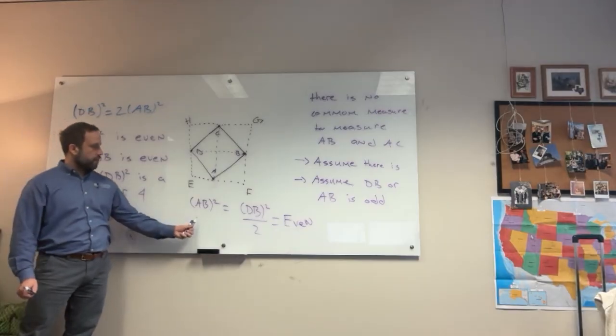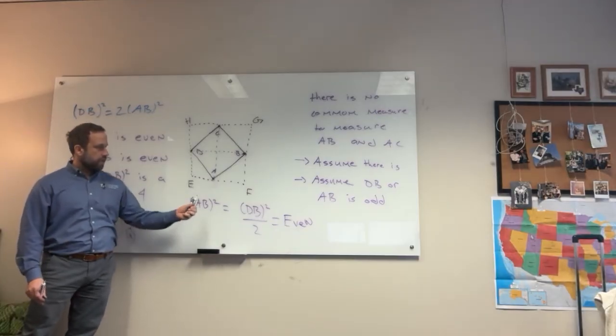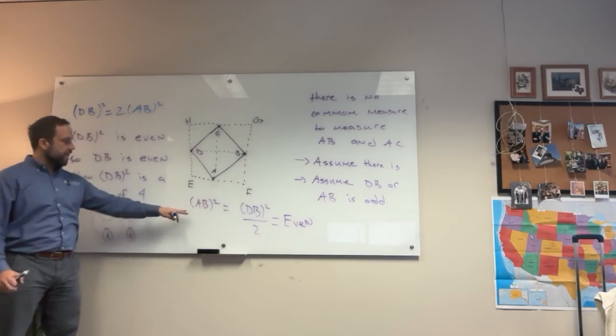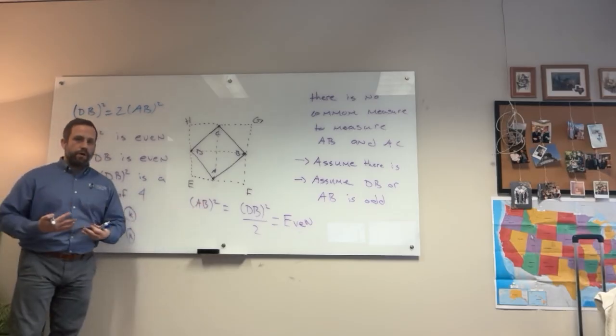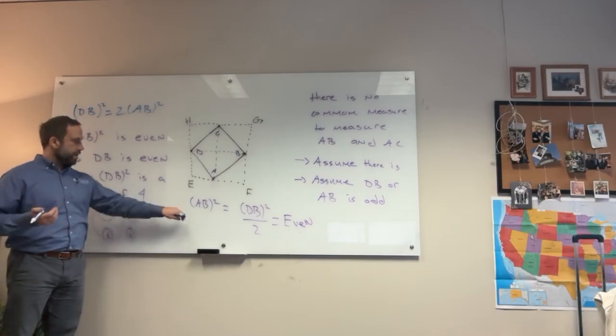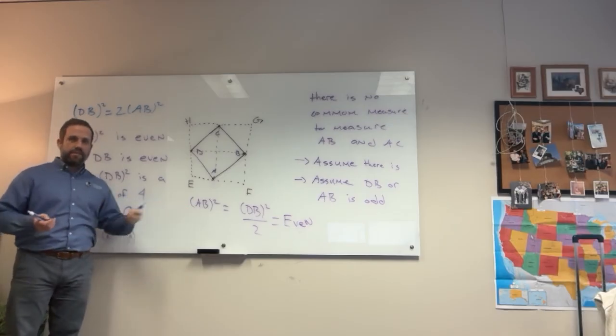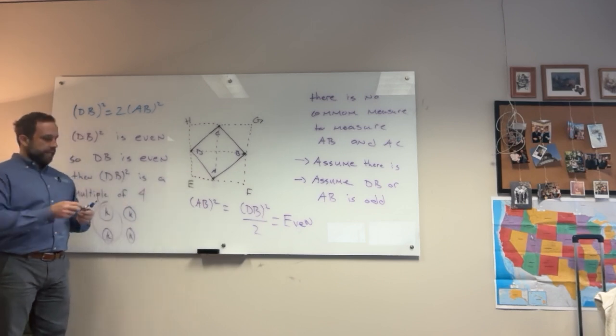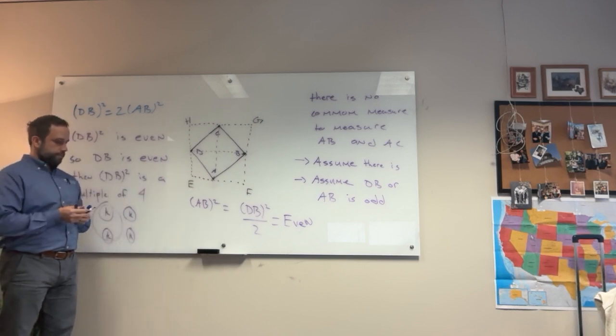So AB squared is an even number that's also squared. It's an even squared. So what this tells us, again, anytime we have an even number that's a square, it means that the number, AB in this case, is also even. That violates our assumption that at least one of them is odd.